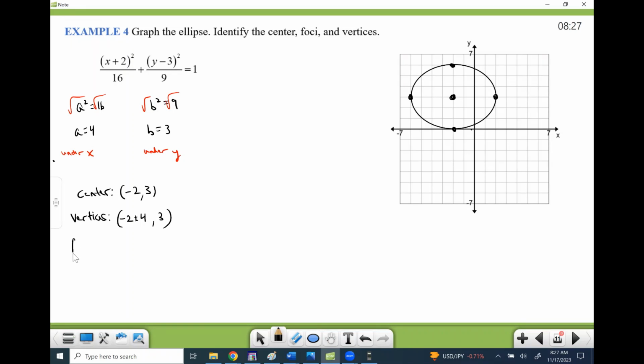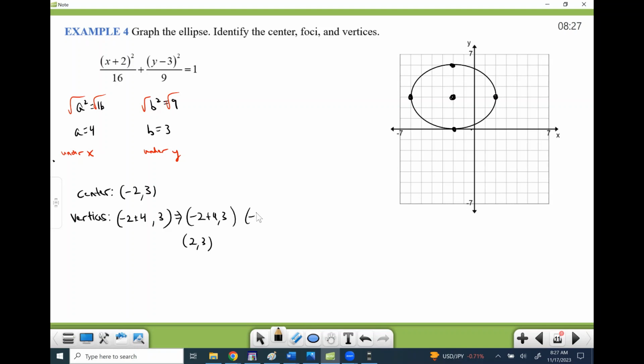So for example, if I'm asked to find the foci, which I am, then I would be adding and subtracting c to the x value. Okay. All right. So let's go ahead and do the math here. -2 plus 4, comma 3, right? -2 plus 4 would just be 2.